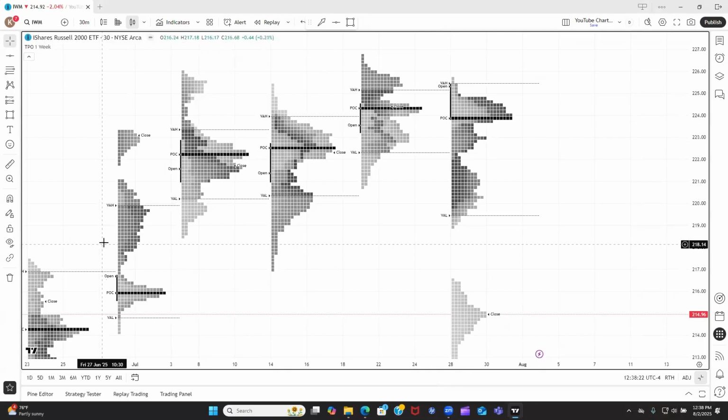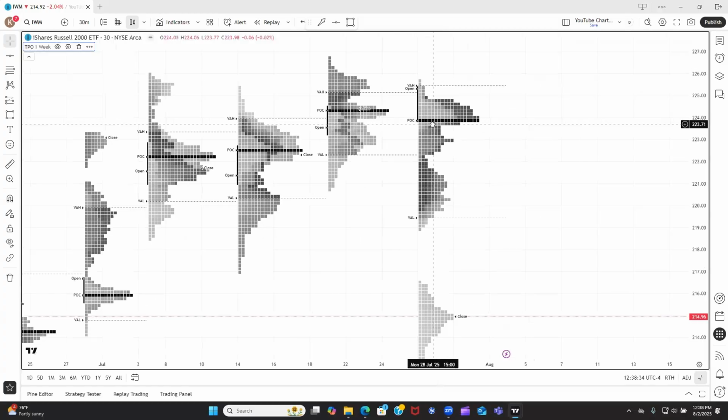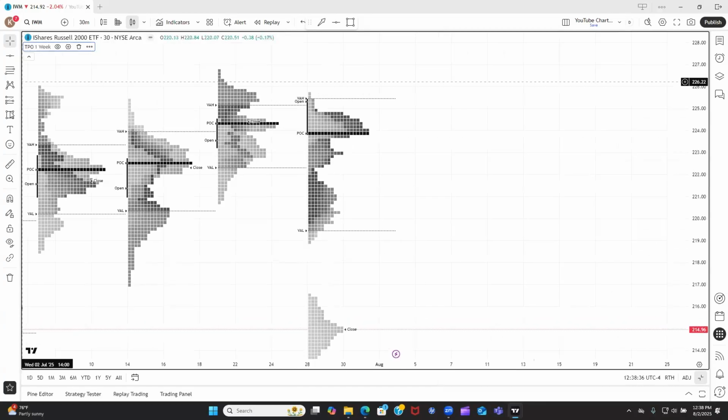The standard way is great, right? Because it provides not only a representation of the entire week, but it also tells you what areas or price points had the most activity. So if we focus on last week's, you can see a bell curve there, a bell curve here, and a bell curve there.